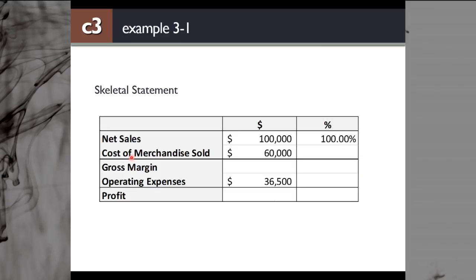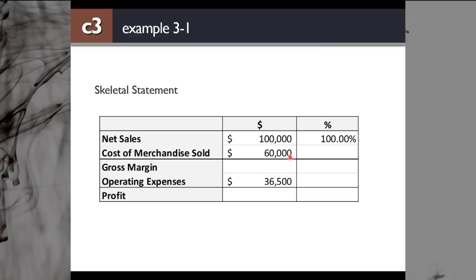Second, you have a component of cost of merchandise sold. That means how much you spent to buy the merchandise, because that's not going to be profit. You have to deduct this amount out of your net sales. If you know this number, then you can calculate the percentage.